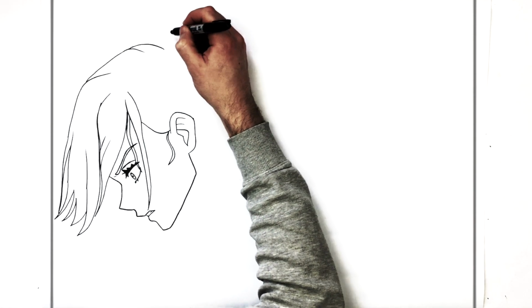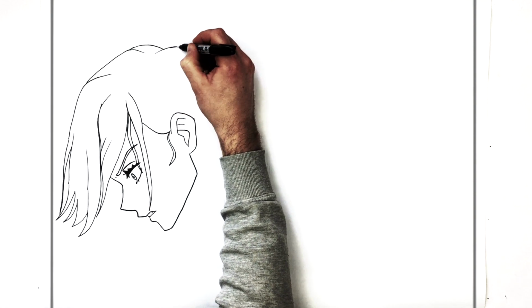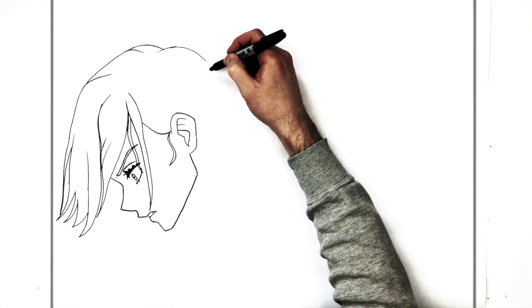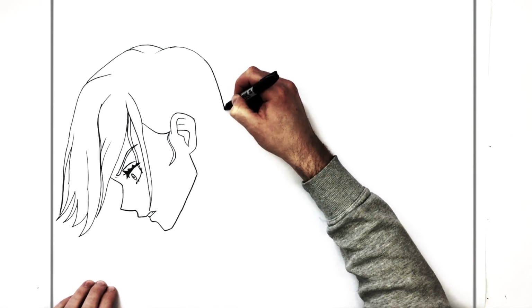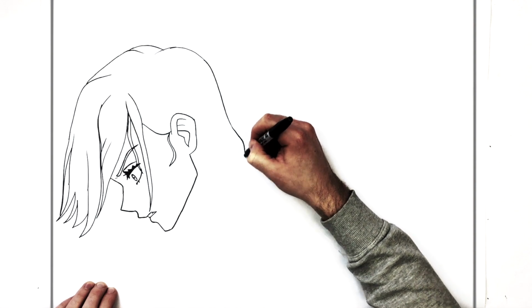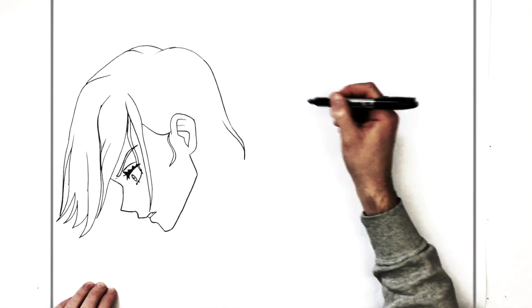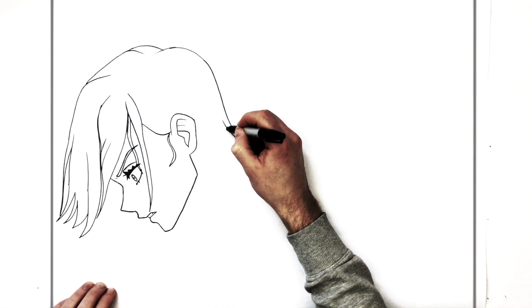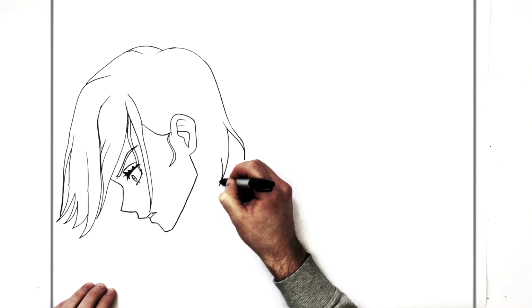So you just don't want it to be much bigger than that. And then her hair will come out, and it goes pretty much straight down here. And then we have a piece of hair that hangs down like so, comes back up, and then the rest of her hair hangs down here.